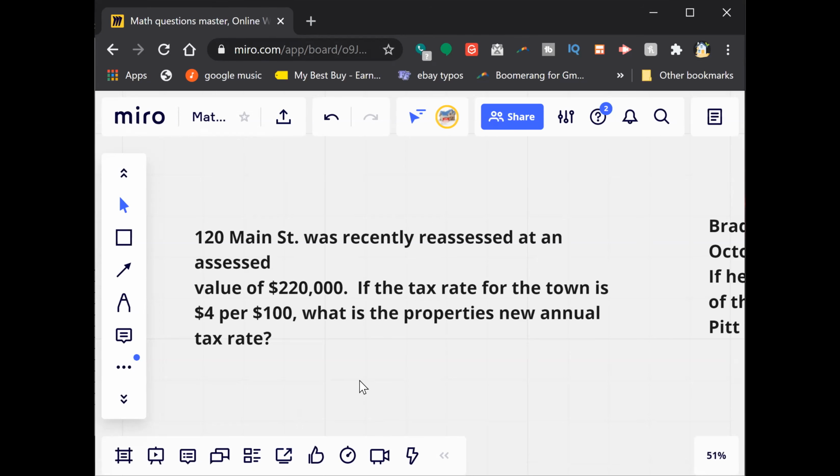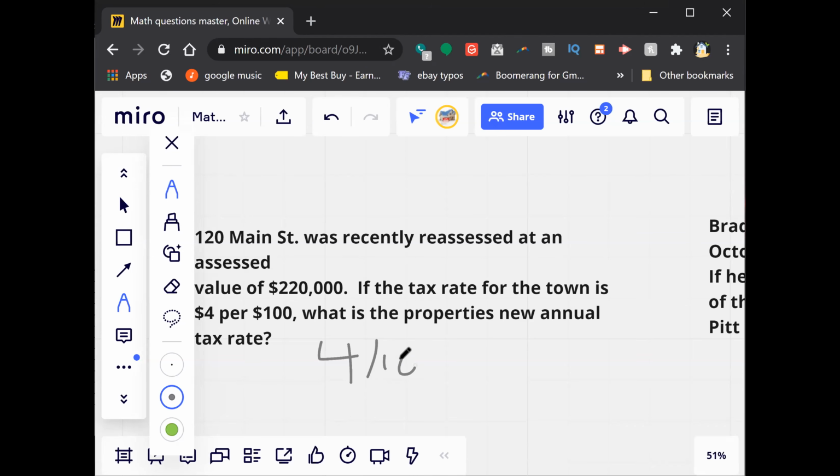220,000 times 0.04. That is a very good first step. So here's what I always do, and I told you this before. Some of you might be thinking, where did the 0.04 come from? Well, remember I told you before, treat the per as a division symbol. So $4 divided by 100 would give you 0.04.